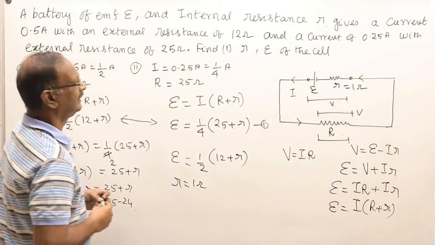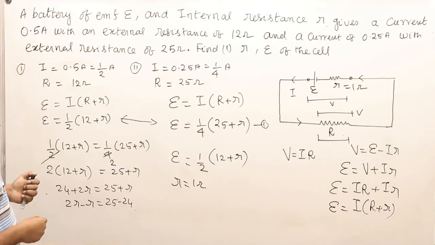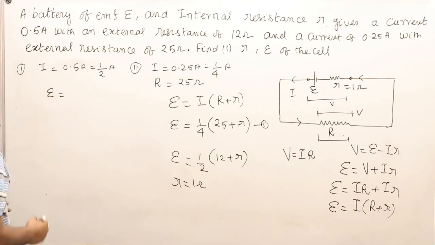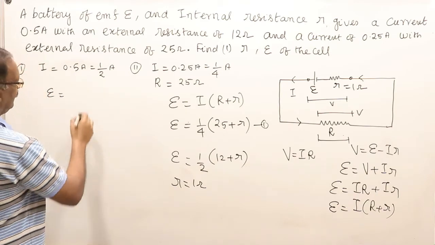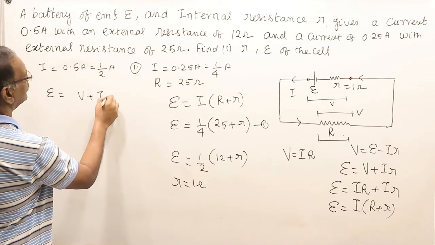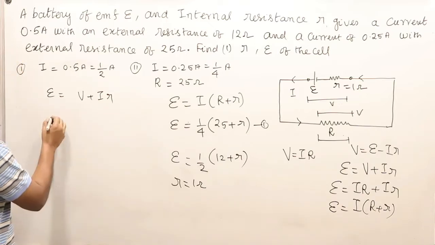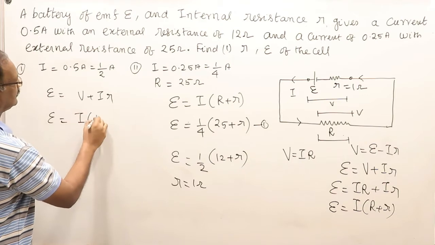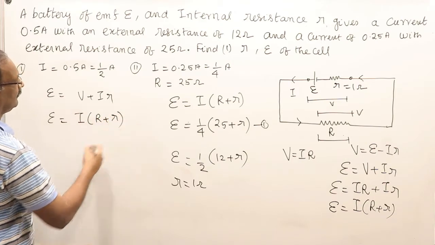But we have to find the internal resistance of the cell, and we also have to find the EMF, which is equal to V plus I into r. Therefore, EMF is also I into R plus r, as we have written.